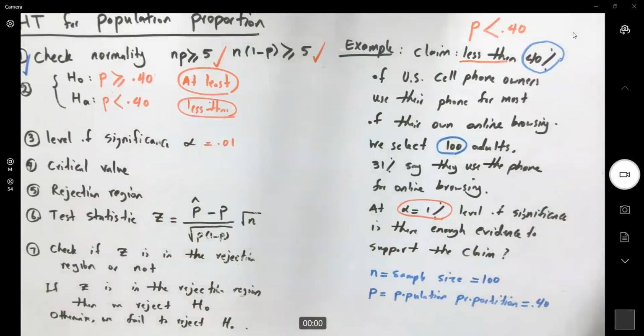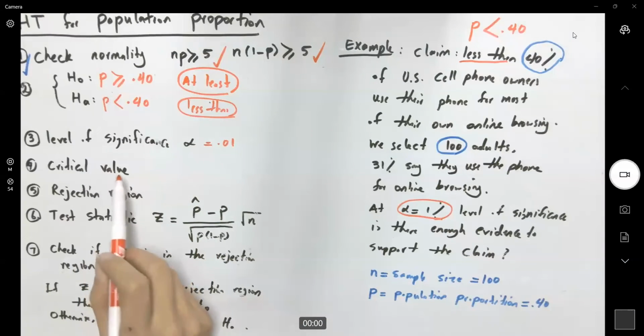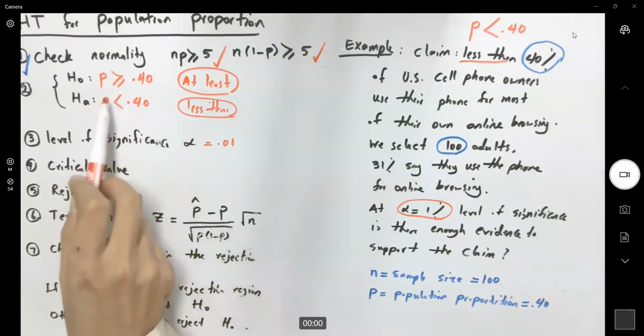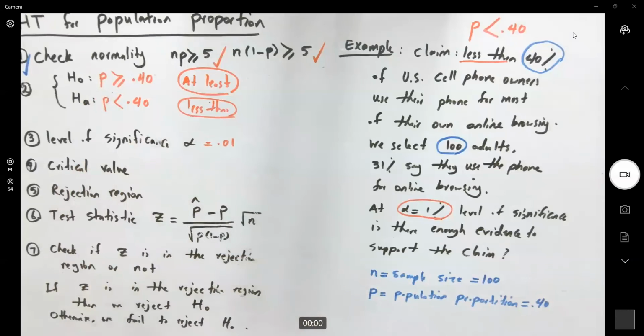What's the next step? Our next step is to find the critical value. What is the critical value for 1% associated to P less than 40%? Here you have a left-tailed graph because P is less than.